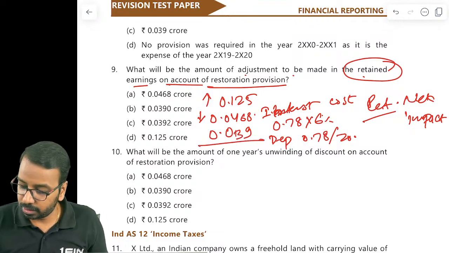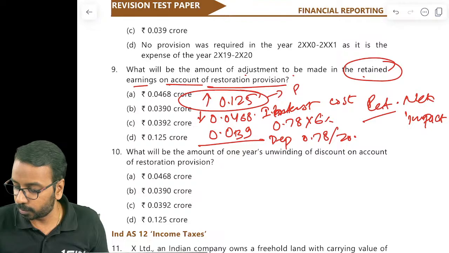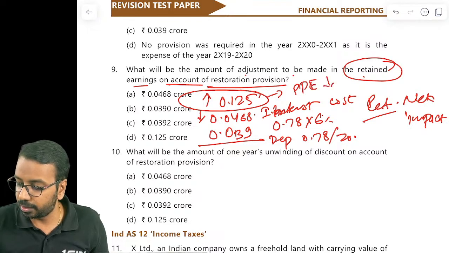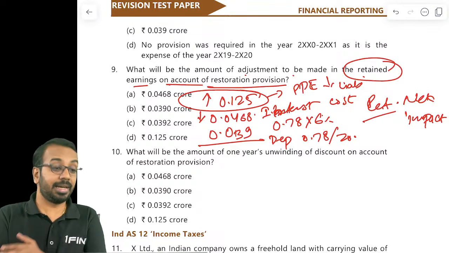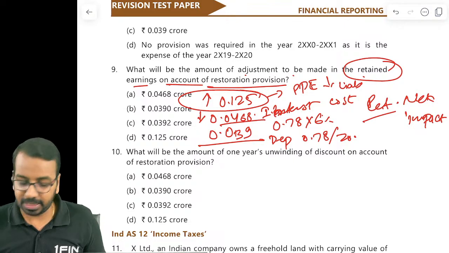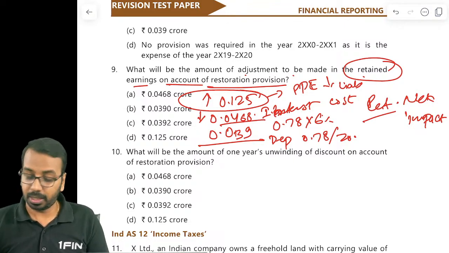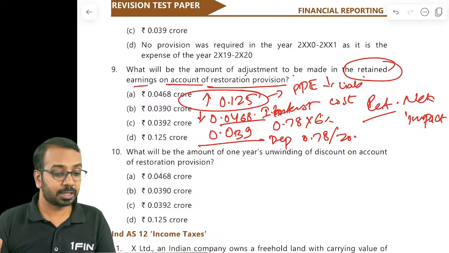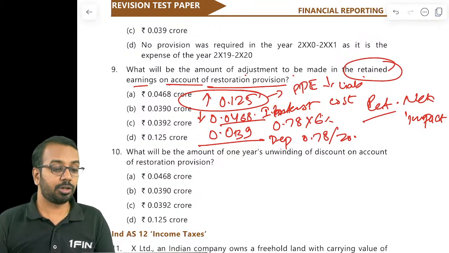Now this 0.125, I think what they refer to is they have added to PPE and they have created a liability. So 0.0468 is towards the interest component, which will be an interest expense that has to be recognized during the period.